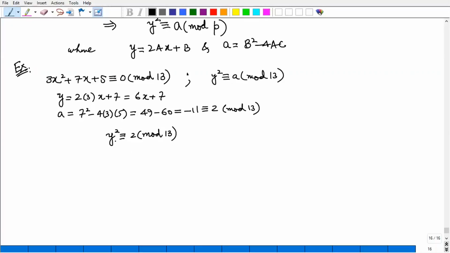Now, how can we solve it? We need to put values that give you 2 as the remainder, or 2 as the least residue.